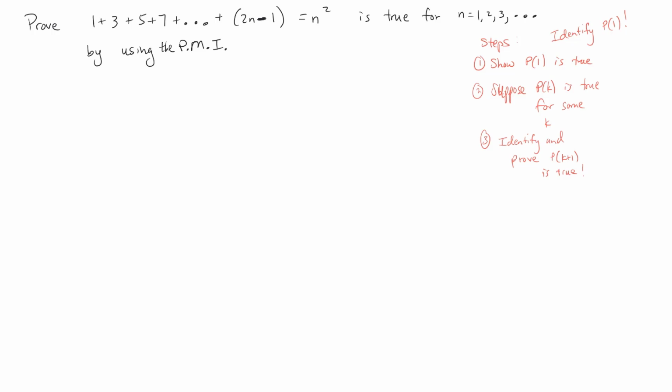So there's a lot of identifying to do. You got to identify P of 1, you got to identify P of k, and you got to identify P of k plus 1. Okay, so you got to know what you're talking about. And then, of course, the fourth step is write your conclusion. It's very important that you conclude what you just showed. That's only a short little sentence. All right, let's try to write a proof here. Proof of P of n.